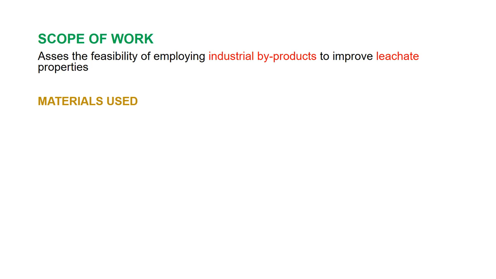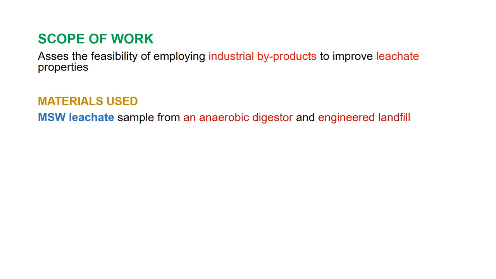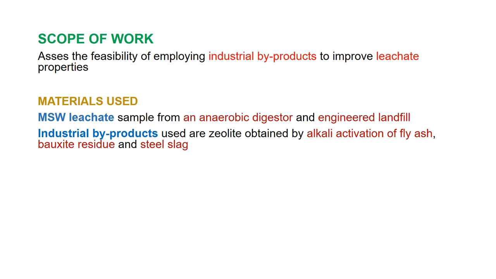To carry out this study, the materials used were leachate samples, which were obtained from an anaerobic digester and an engineered landfill. The industrial byproducts basically involved zeolites, which were obtained by alkali activation of fly ash, bauxite residue from aluminum industry, and steel slag from steel industry.